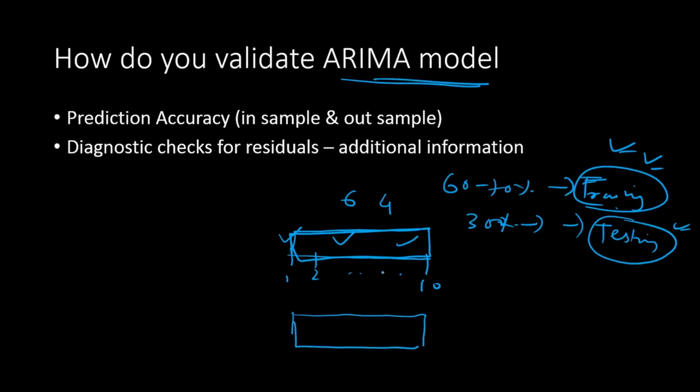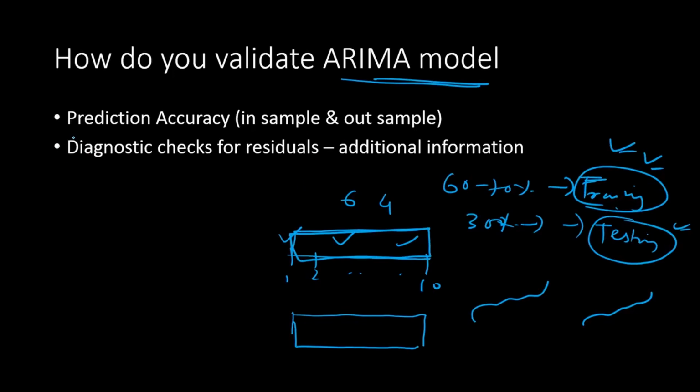The trend may not be the same, because in time series the pattern may not be the same for two time periods, but if they are similar to each other, you can test your model for validation purposes, just to check the predicted values against the actual values. So that's one way of validating.